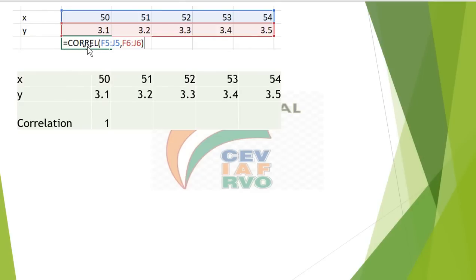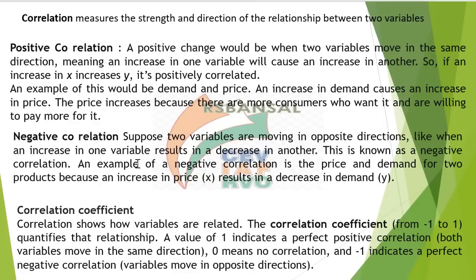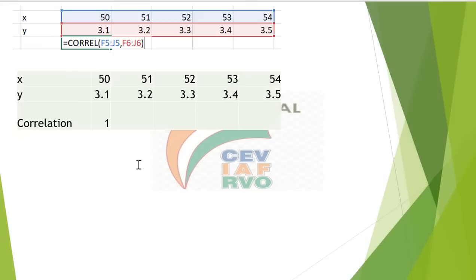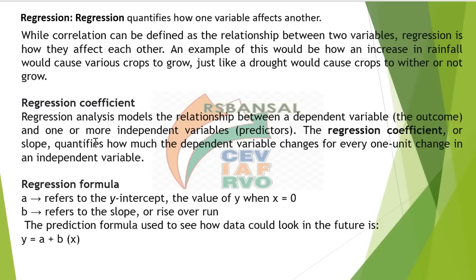You insert 50 to 54, that is F5 to J5, which shows 50, 51, 52, 53, these values, comma, then 3.1, 3.2, 3.3, 3.4, 3.5, which is F6 to J6. You put these values, and it will automatically give you the correlation, which is 1. It means they are perfectly positively correlated to each other.